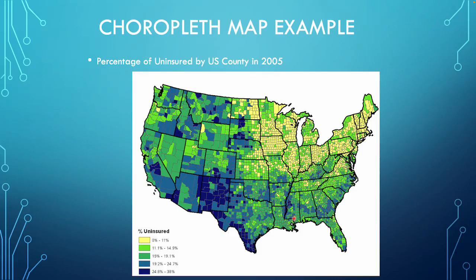And in this case, the color scheme is using 2 different colors, which helps really show the difference. Typically, for one variable, we'll get to that in a second, but typically this is a little unusual, but they're really trying to emphasize the difference between the lower values and the higher values, so you can really pick that out. Typically, when you have a single variable like percent uninsured that's relatively continuous, just increasing, you would use a single color and then change the saturation on it to indicate that.